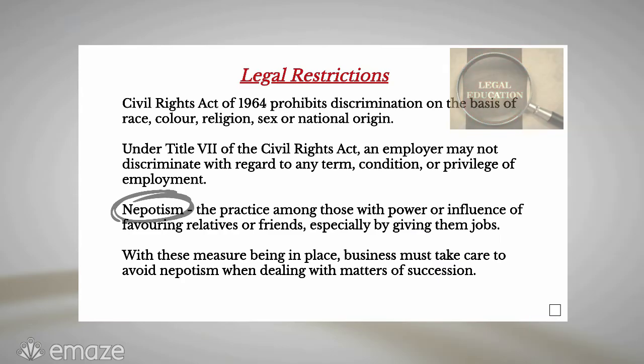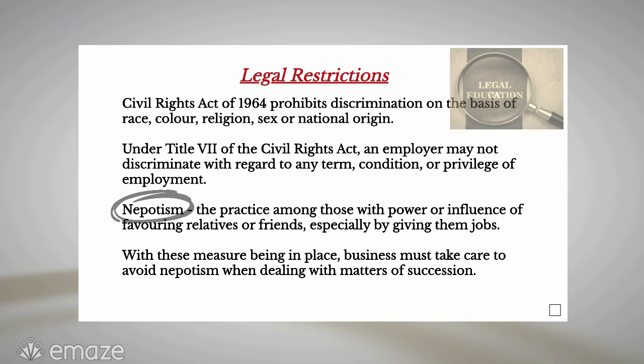All right, so legal regulations in regards to succession. The main focus here is going to be on nepotism, but before touching on that, we need to backtrack a bit to the Civil Rights Act of 1964. The Civil Rights Act of 1964 prevents discrimination based on factors such as race, sex, religion, etc. And Title VII under this act forbids discrimination from an employer in regards to matters such as the conditions and the privileges of employment.